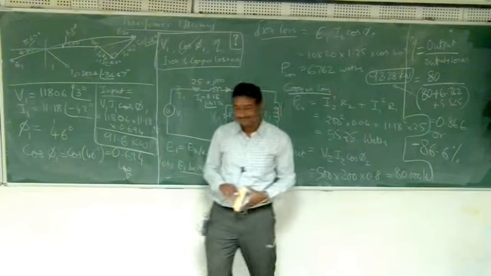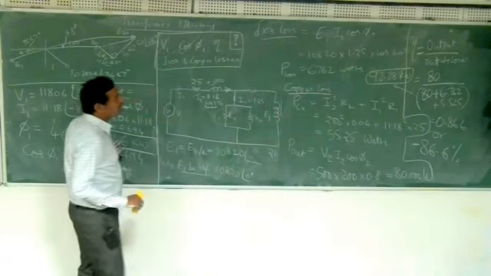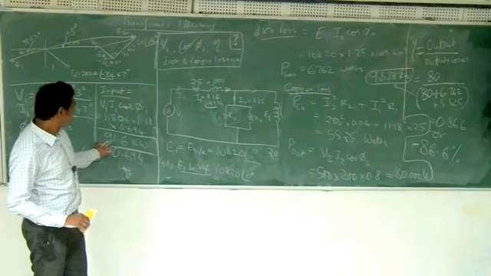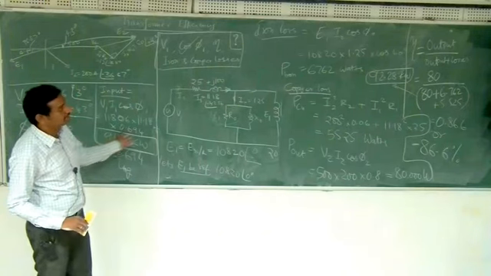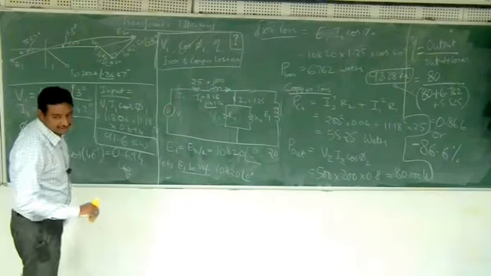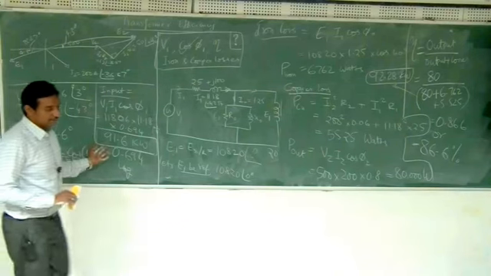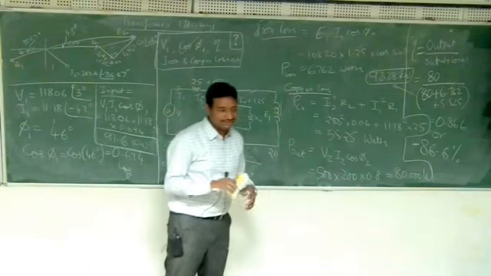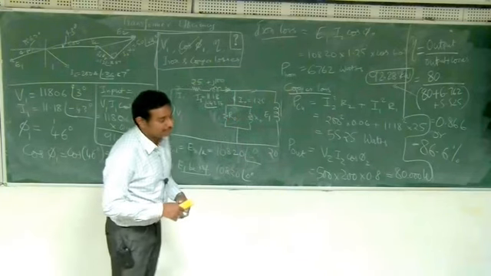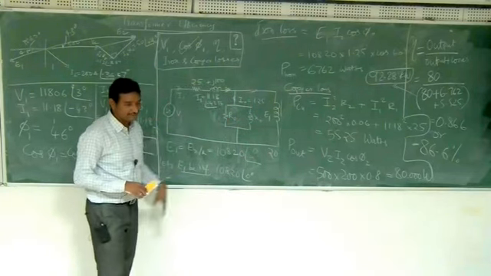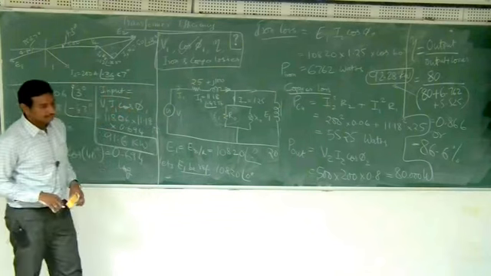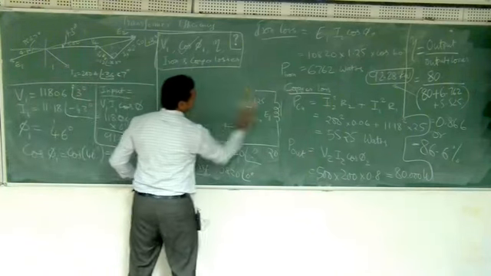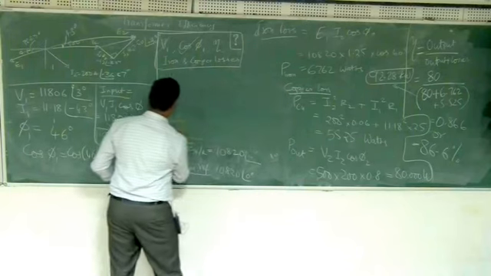I think the difference is less than 1 kilowatt. If I add 1 here, it will become 92.6, versus 92.3. So the error is less than 1%. But even that 1% should not come if you work with the proper decimal places. To summarize, let me draw another simpler diagram.